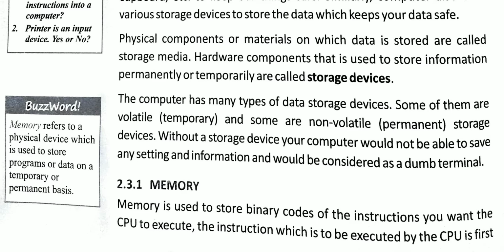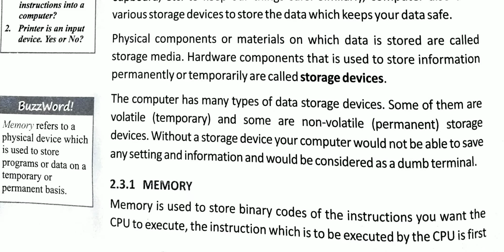Some of them are volatile, that is temporary, and some are non-volatile, that is permanent storage devices. Without storage devices, your computer would not be able to save any settings and information and would be considered a dumb terminal, meaning it's just a garbage bin.